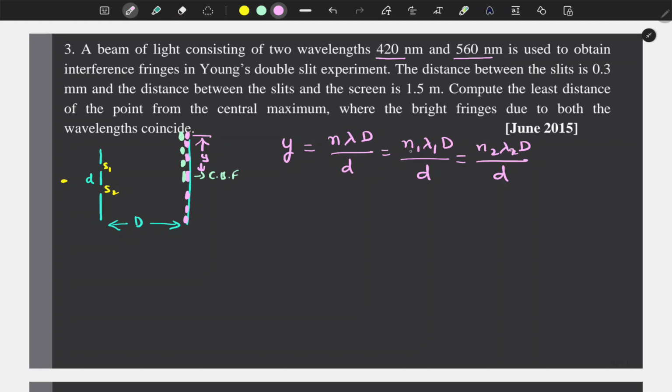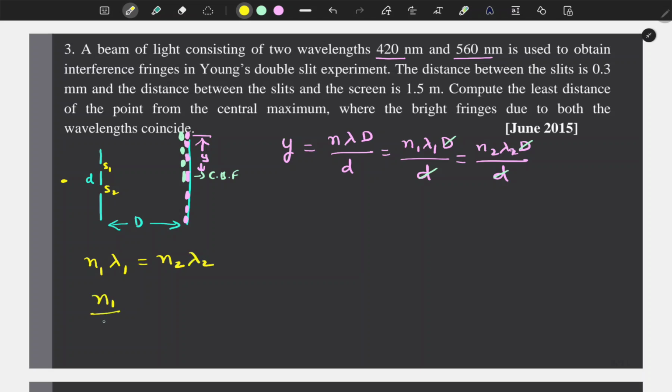So the n1th fringe of lambda 1 and the n2th fringe of lambda 2 are coinciding. That's why we have considered that y distance for both the fringes is given like this. So if we cancel capital D and small d, we will get n1 lambda 1 is equal to n2 lambda 2.